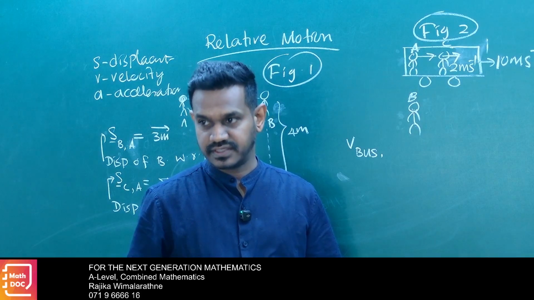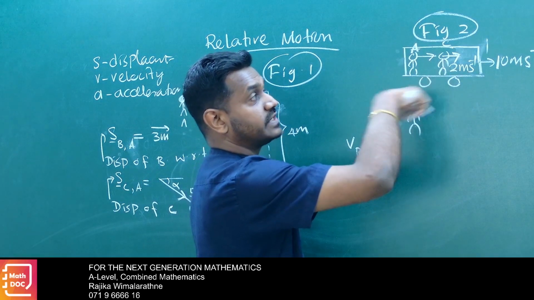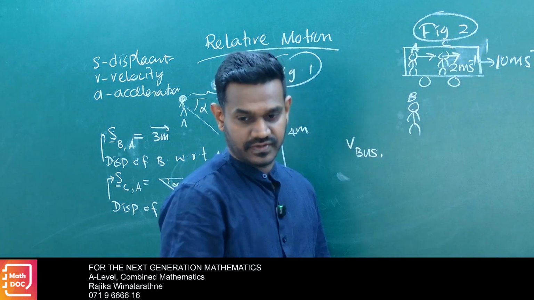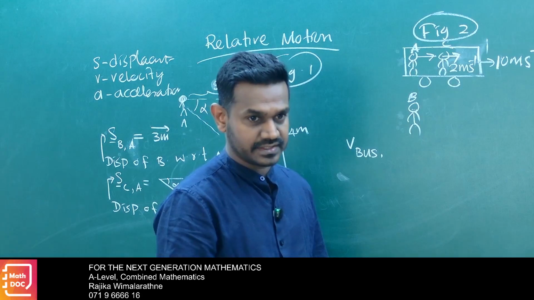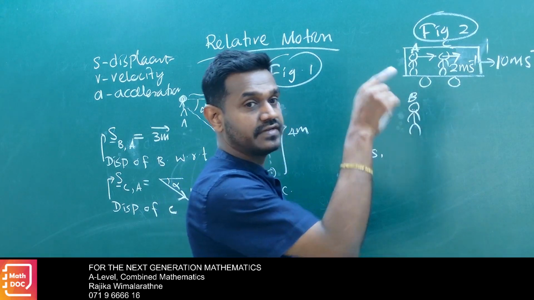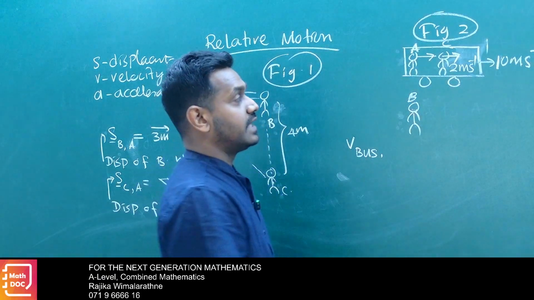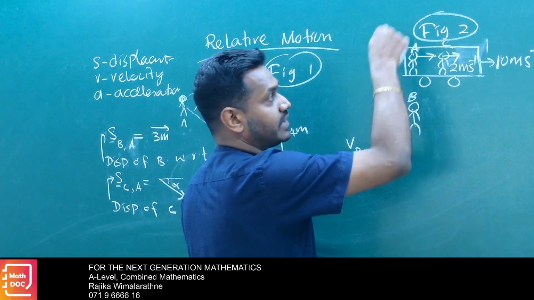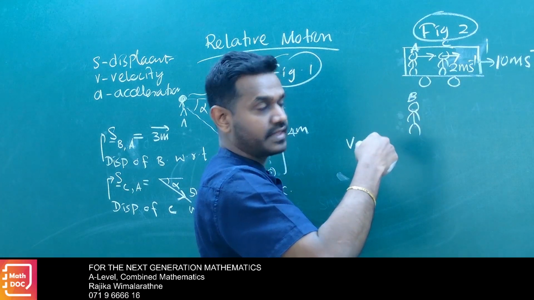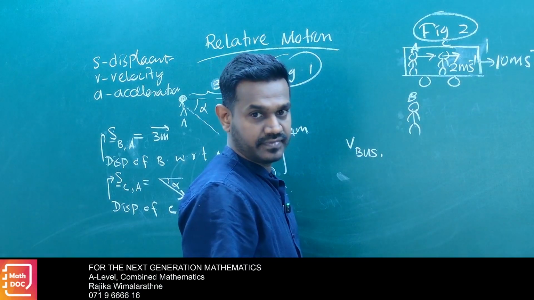But the passenger C moves with 2 meters per second inside the bus, so the frame is given: with respect to the bus. A observes the velocity of C as 2 meters per second, so velocity of C with respect to A is 2 meters per second.